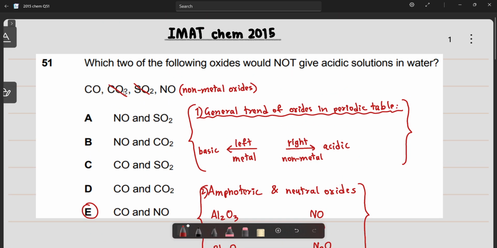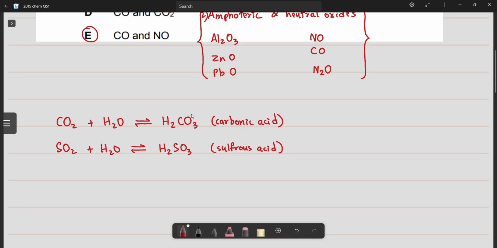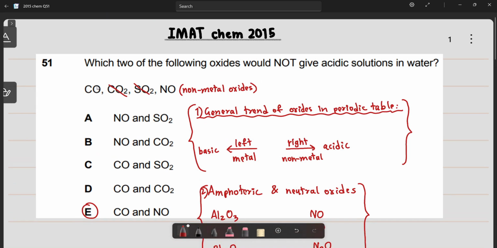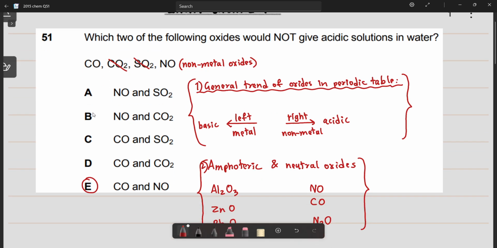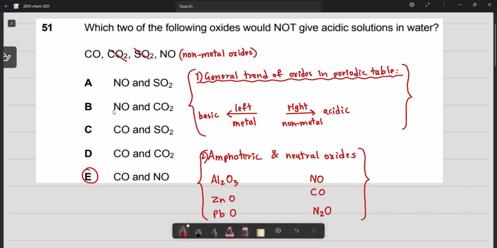Because carbon dioxide and sulfur dioxide do form acidic solution, as we've written in the balanced chemical equations, carbonic acid and sulfurous acid formed by these two oxides. Okay, so that's how we solve this question.